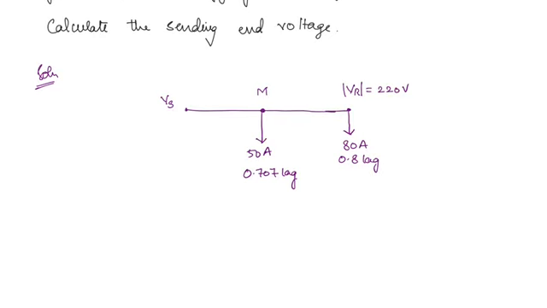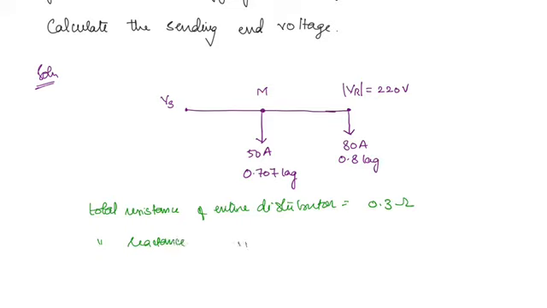The total resistance of the entire distributor is given as 0.3 ohms, and similarly reactance is given as 0.4 ohms. If you take the sending end point as A and the receiving end point as B, then what will be the resistance of AM?